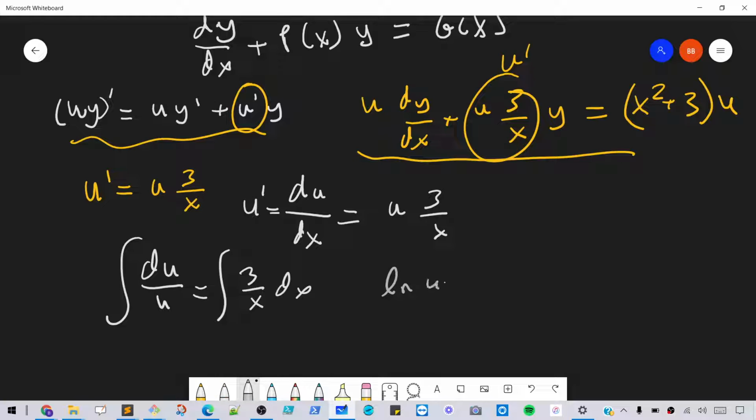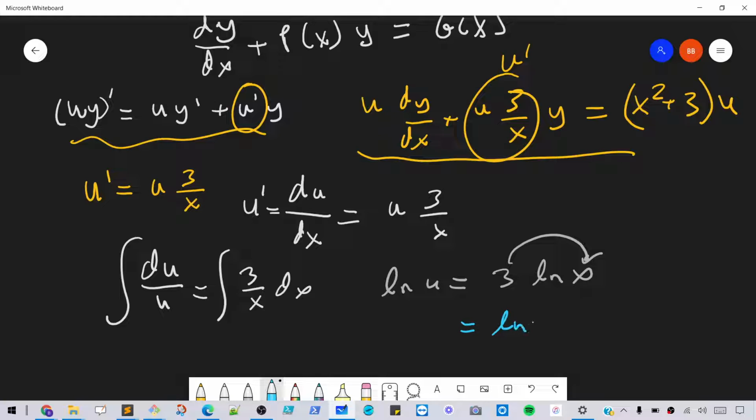We'll end up with ln of u equals 3 ln x. Then notice just by exponent rules, I can bring that 3 up and make this ln x cubed.